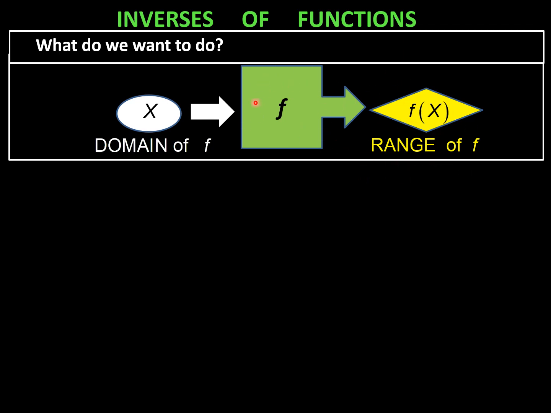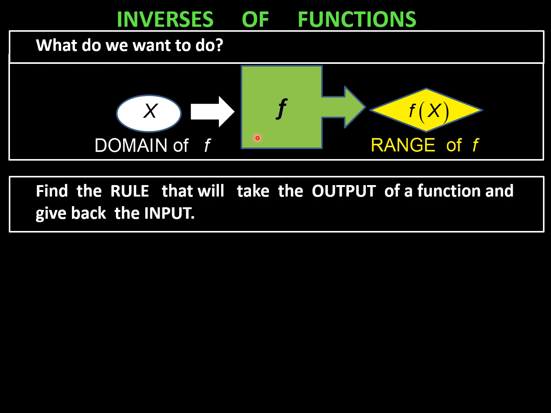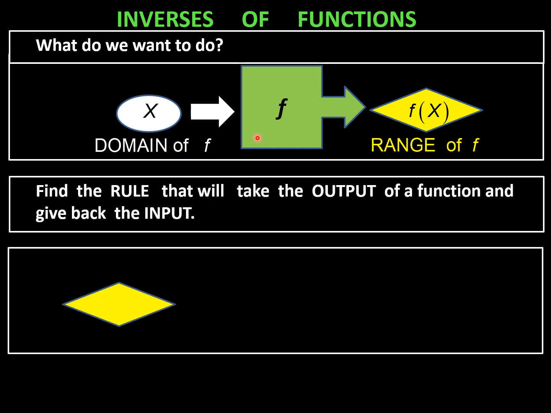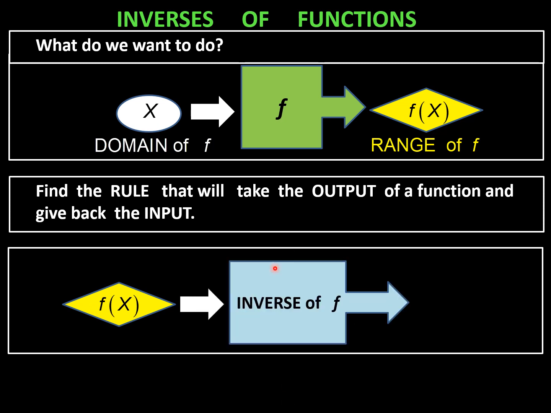And this here is the rule that we have. Now, if you want to do the reverse, we take our output value, which is f(x), and reverse the process. See the inverse, reverse the process, and then we'll get back to our input value.